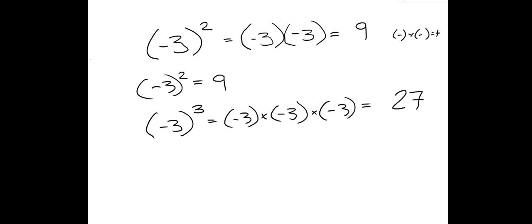It's going to come to 27, but is that positive 27 or negative 27? Well, negative times negative times negative. If you're watching previously, it's going to be minus 27.